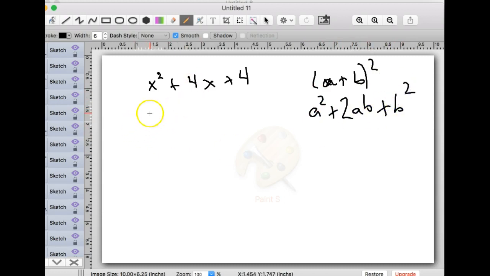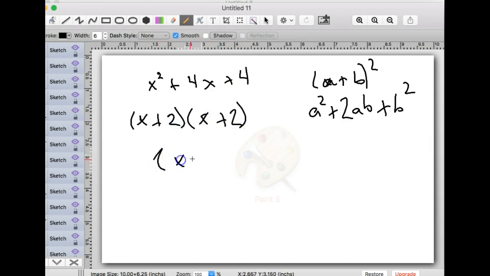What does that mean for here? You can factorize it by thinking in reverse FOIL: what are the factors of 4 that add up to be 4? 4 and 1, but 4 plus 1 is 5. 2 and 2, yes. So that becomes x plus 2 times x plus 2, which is x plus 2 squared. It's like the opposite of what we were doing before.